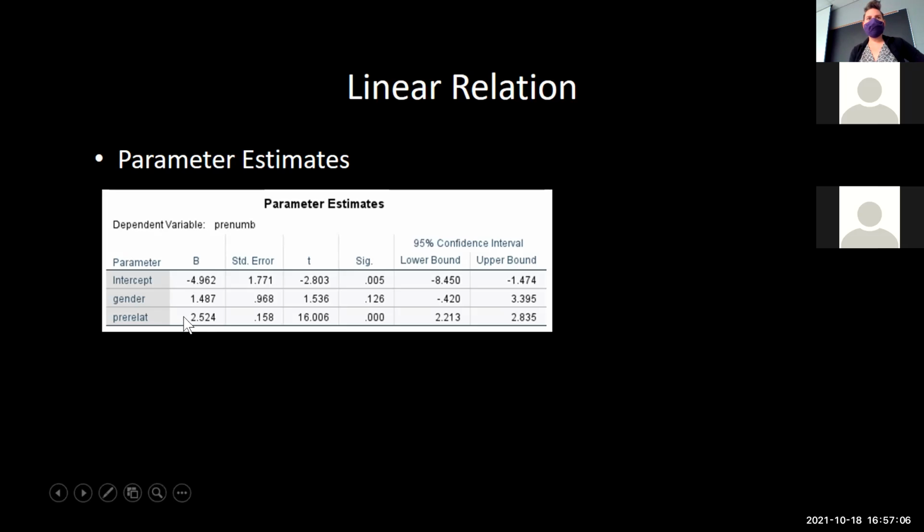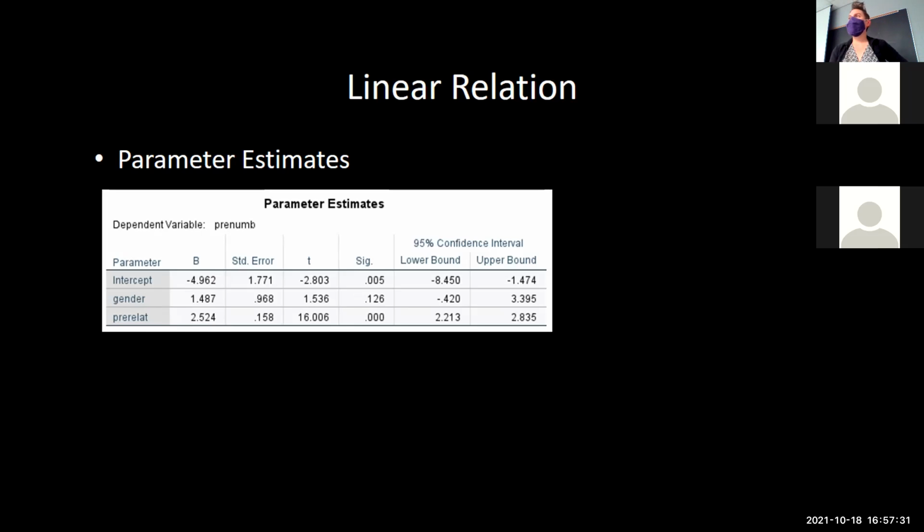There's no significant difference between the boys and girls in this sample. It's about 1.5 points, but no significant difference. And as relative size goes up, the number knowledge goes up as well. So this is confirming my hypothesis that these two things are related.